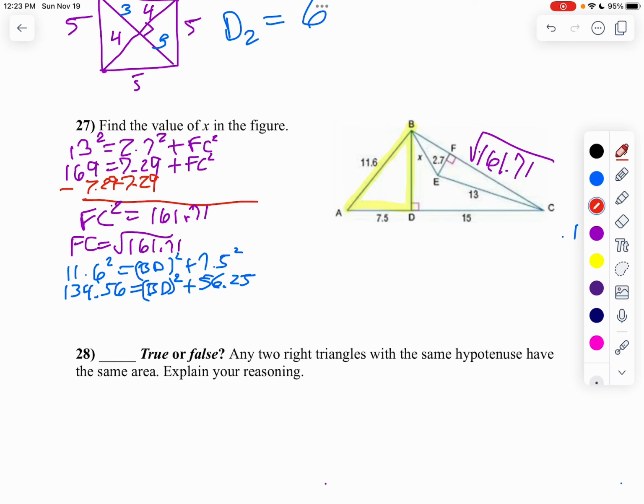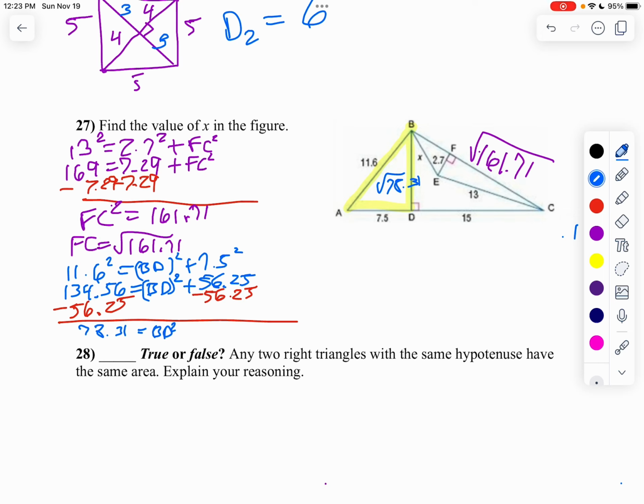So let's subtract 56.25 from both sides. I'm kind of going to run out of room here, aren't I? But then I'll get 78.31 equals BD squared. Or BD is the square root of 78.31.